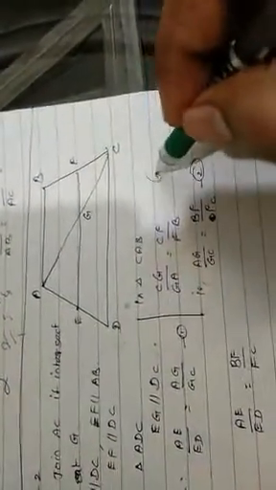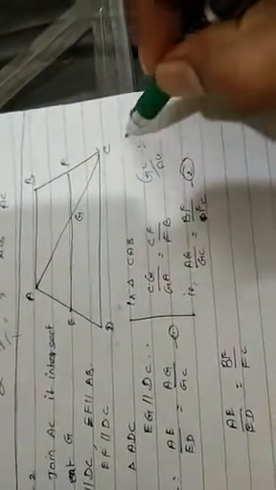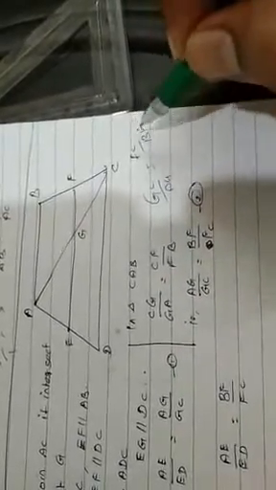I can write GC divided by AG equal to CF divided by BF. Now we can change the order and compare.